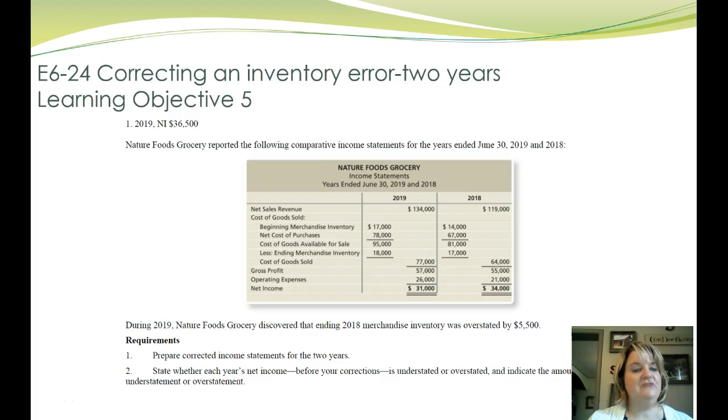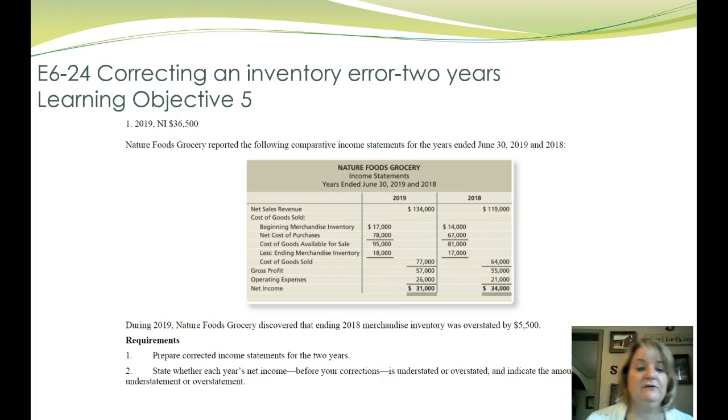We're going on to Chapter 6 now. Chapter 6, correcting an inventory error on E6-24, correcting an inventory error, 2 years. It covers learning objective 5 in Chapter 6, which is measure the effects of merchandise inventory errors on the financial statements.